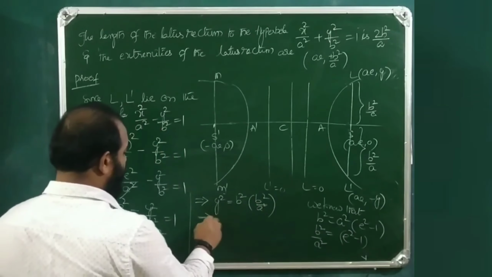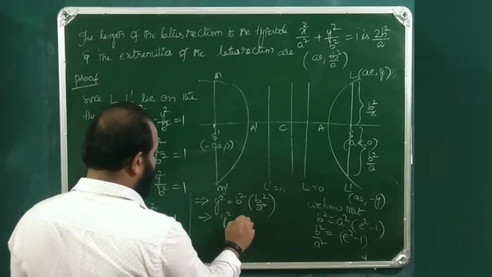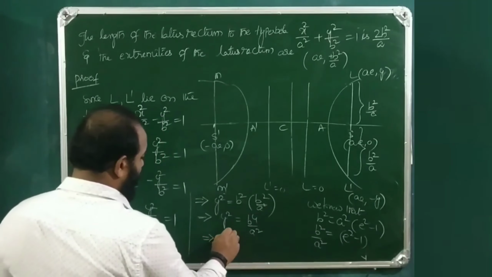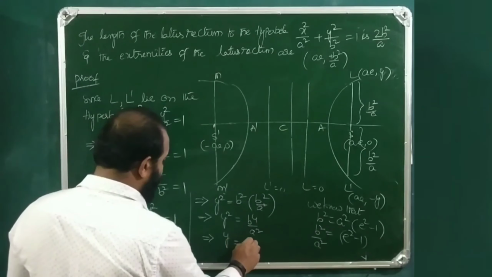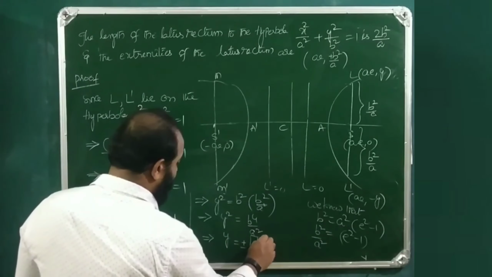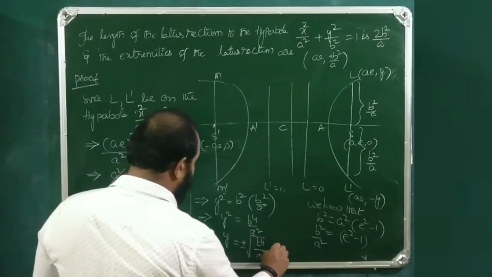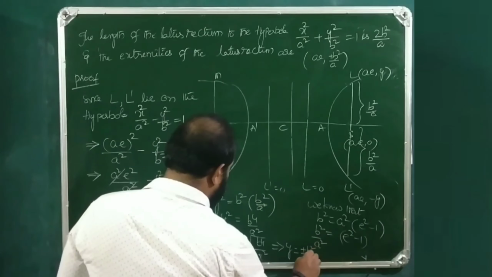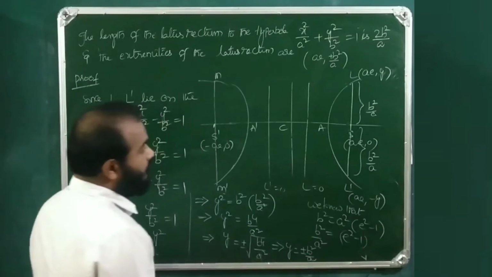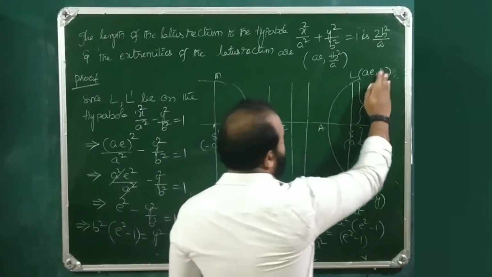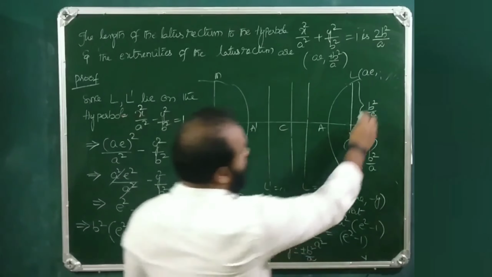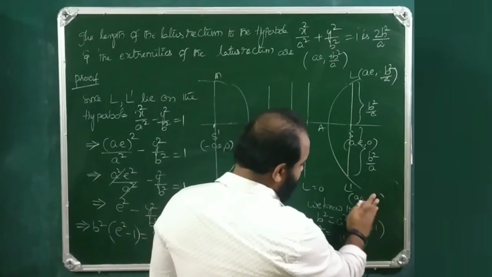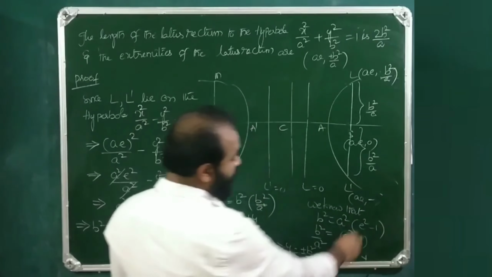So y square is equals to b power 4 by a square. So y is equals to plus or minus square root of b power 4 by a square. Therefore, y is equals to plus or minus b square by a. So at AE, y is plus b square by a, and here AE, y is minus b square by a.